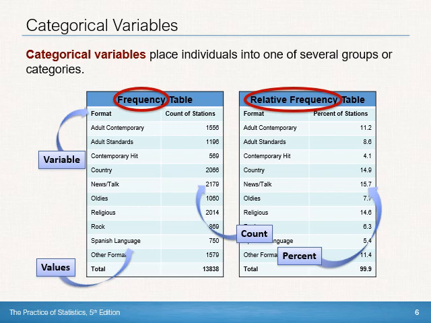So percent and the term relative frequency are also synonymous terms. All right, so sometimes we'll use counts in our tables and our graphs. Sometimes we'll use percents, and we'll sort of learn some ideas about when to use which one. Sometimes it's up to you. Sometimes one is required over the other.